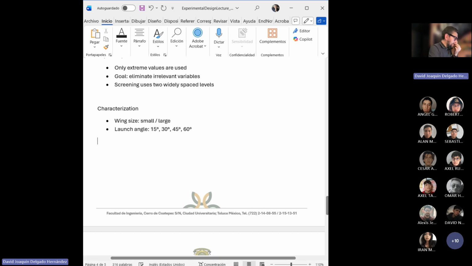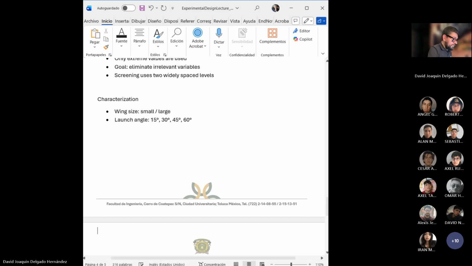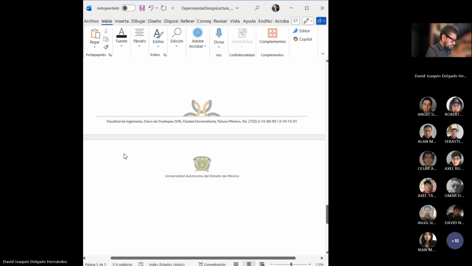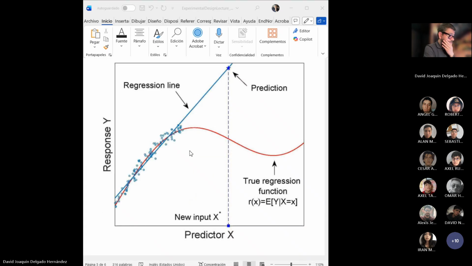So here it is important to check the following. Look, if I have only 2 points, for instance, a low angle, let's say 0 degrees, and a high angle, 45 degrees, I only have 2 points.